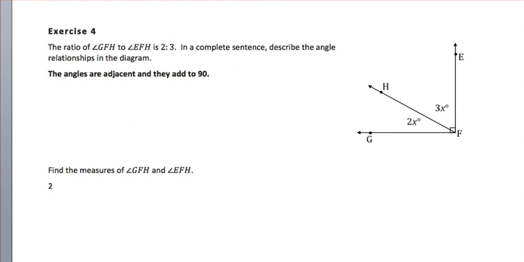So then we would say 2x plus 3x equals 90 degrees. Combining like terms, that gives us 5x is equal to 90 degrees. And so x is equal to 18, which means 2x is 36 and 3x is 54.